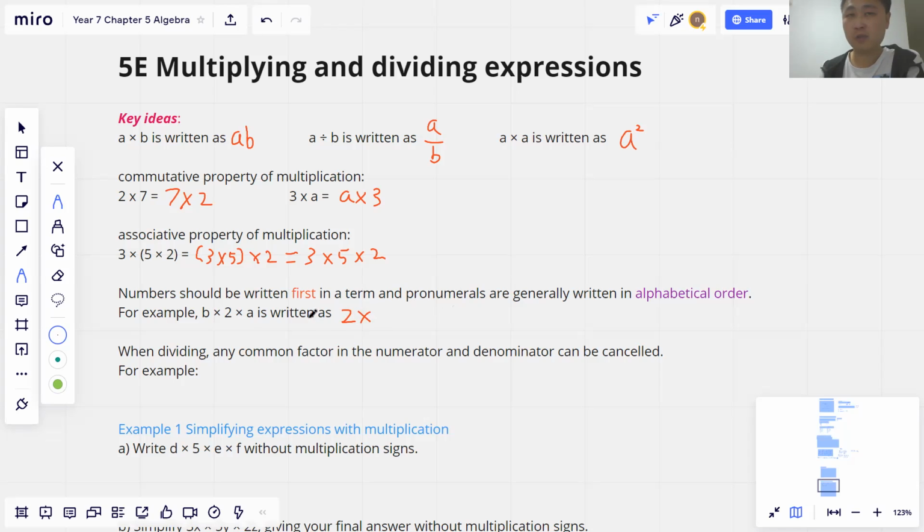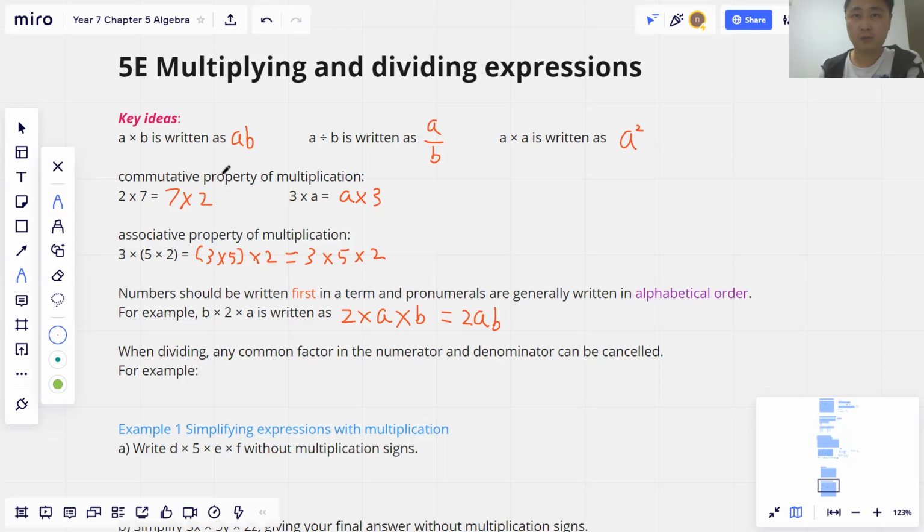Then for the letters, we write them in alphabetical order: times by A, and then times by B. So this equals 2AB. Because it's multiplication, we do not need to write the multiplication sign.